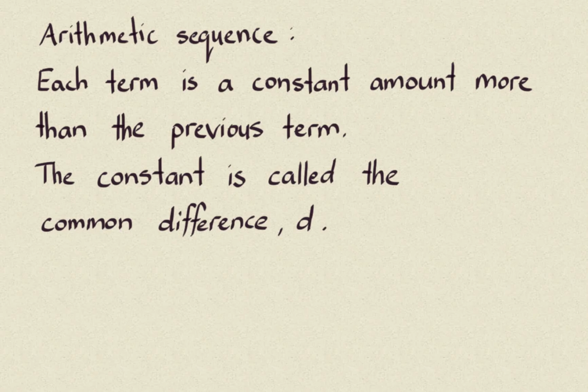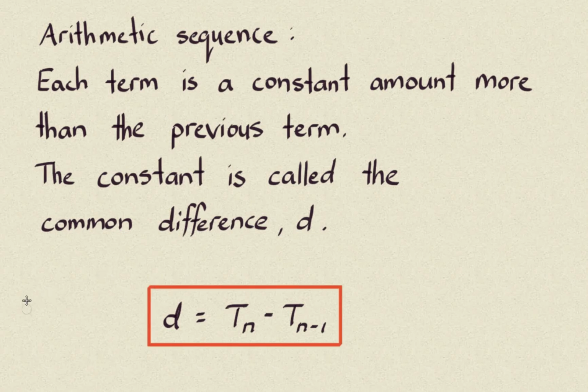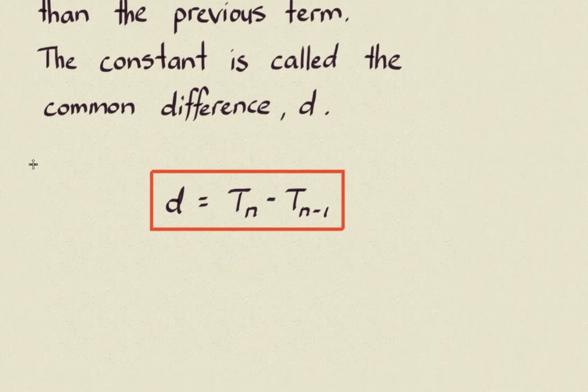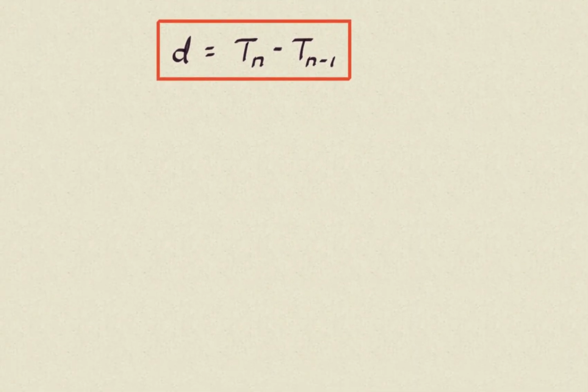More generally though, how do we calculate D? Well, since it's constant and is always the same between any 2 successive terms, if we go to any general term, so the nth term, and then we look at the term before that, so t of n minus 1, and we find the difference between the 2, this gives us our common difference, D. Now if we play around with this equation a little bit, we can make Tn the subject.